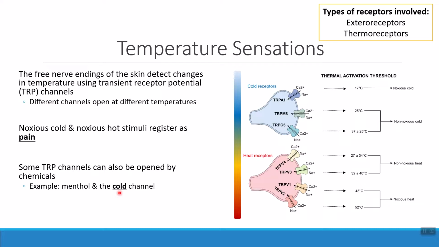This is because it's opening up the TRP channel for cold. Or if we eat something with capsaicin in it, that spice that's in peppers, that opens up the noxious heat channel. So if it opens up the channel in you that literally feels this is way too hot, it hurts.